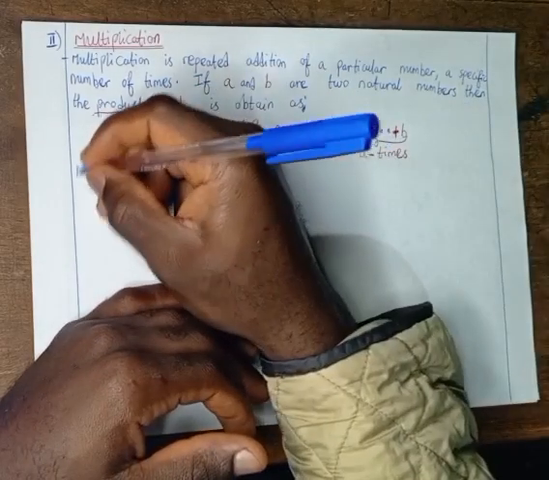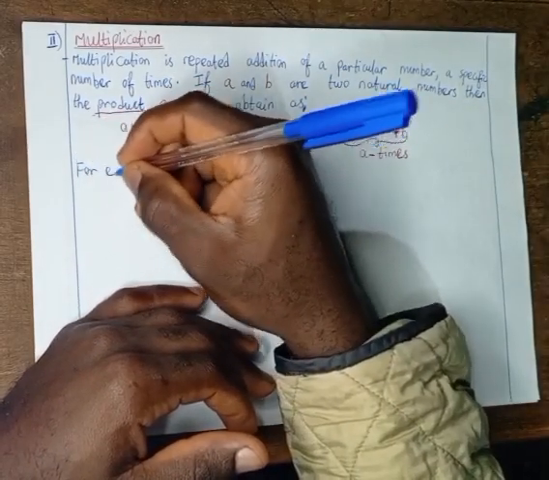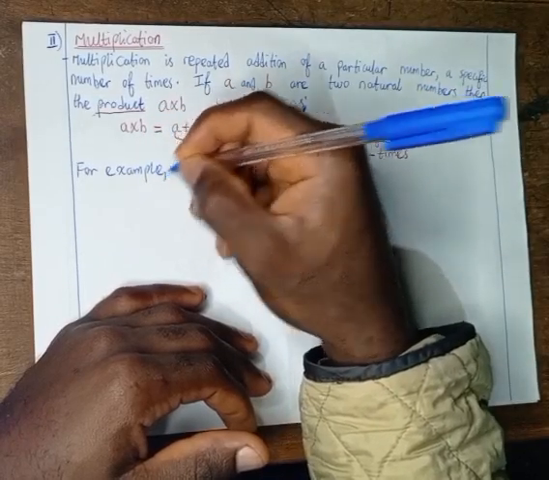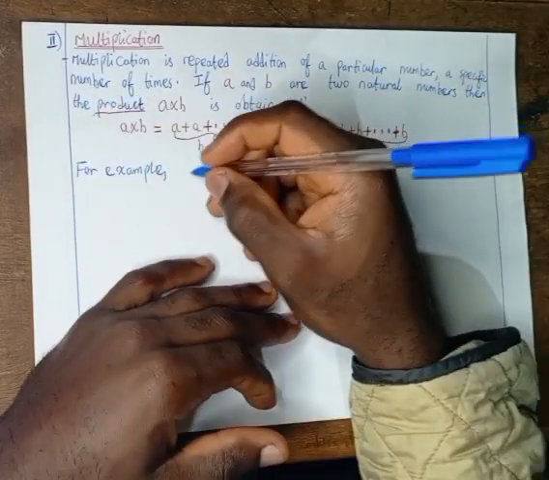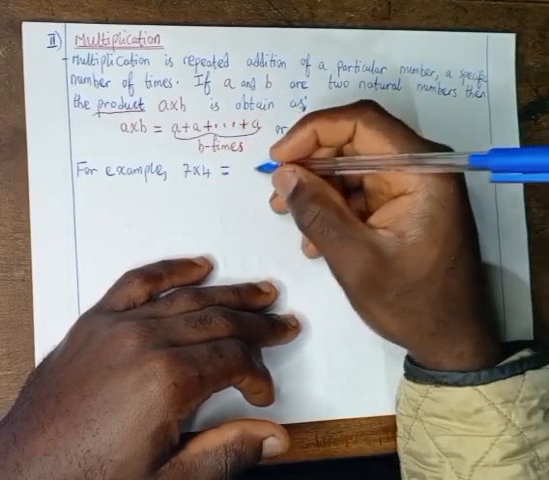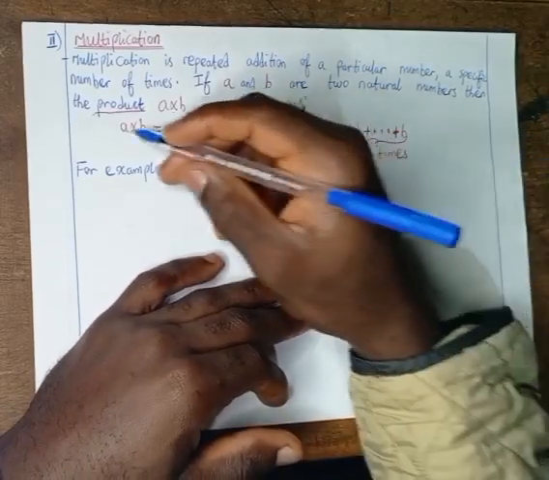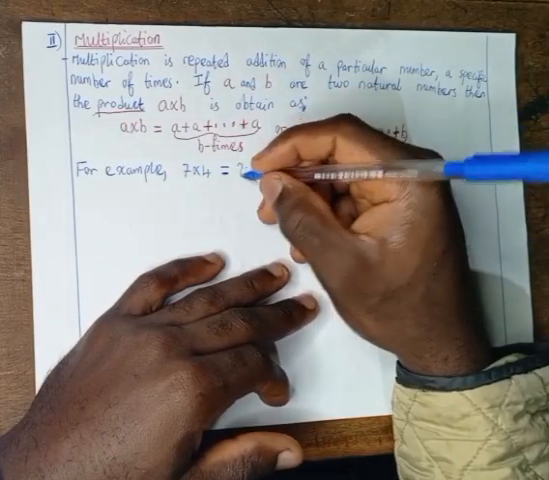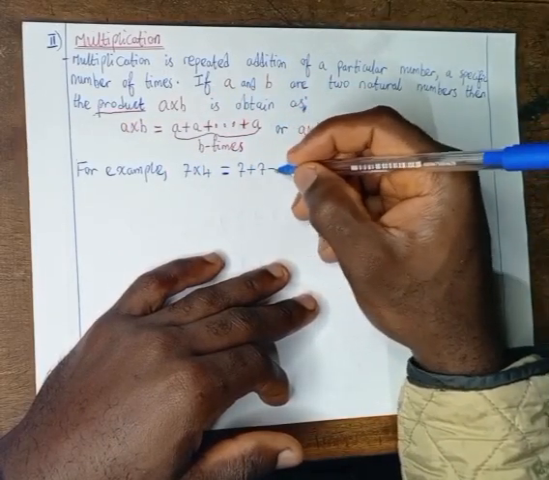For example, let's take an example. If we take 7 times 4, we make use of the first case. A is 7, B is 4, so we have to add 7 to itself 4 times.